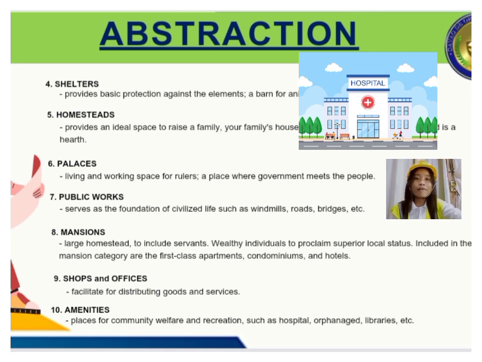Lastly, we have the amenities. These amenities are places for community welfare and recreation, such as orphanages, hospitals, libraries, museums, and institutional housing like nursing homes, fairgrounds, or a union hall.